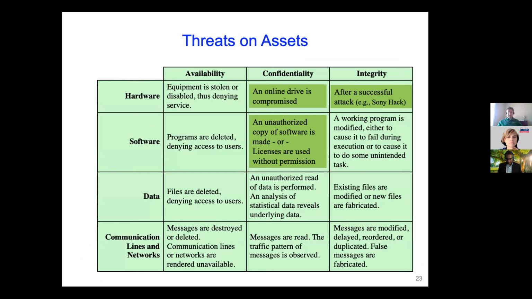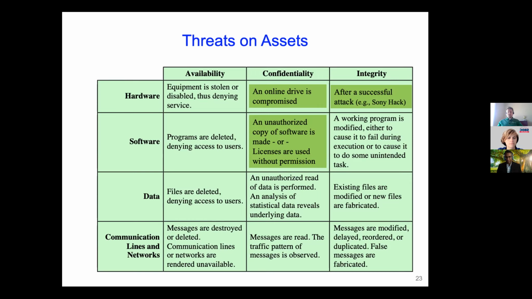And we're going to try to make a list of these threats, correct? So if in fact you have a hardware attack, equipment being stolen, or if it's an integrity attack, like we had with Sony, where they altered the infrastructure, which is a very difficult thing. So literally they had to replace their entire infrastructure because of that attack. Or in confidentiality, where somebody just compromises your online drive, right?